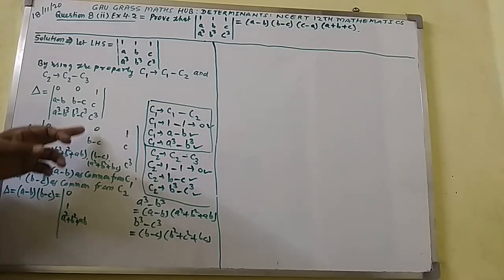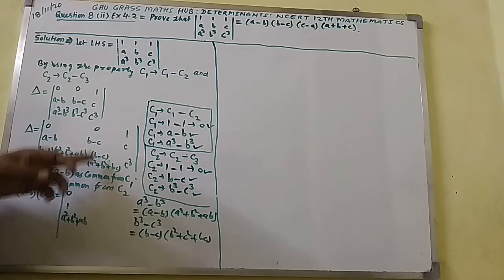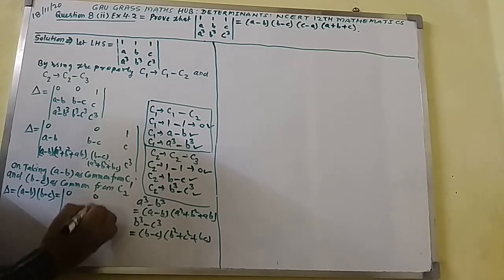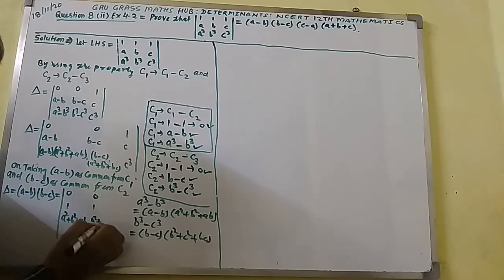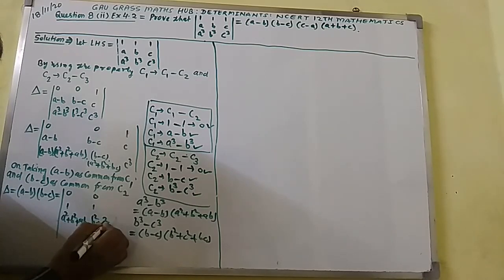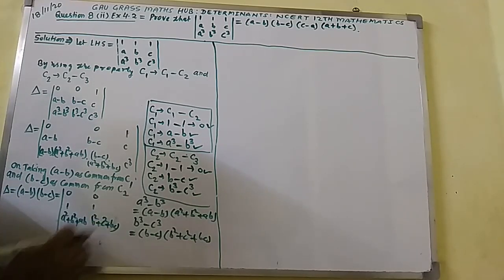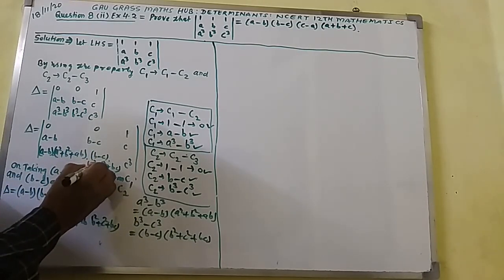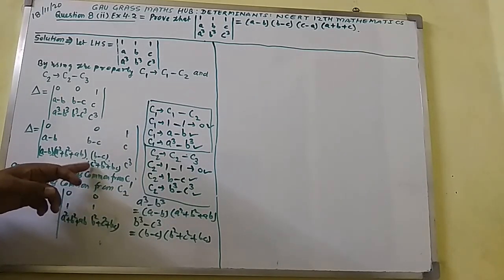If you take b minus c as common from second column, leftover elements will be 0, 1, and here b squared plus c squared plus bc.